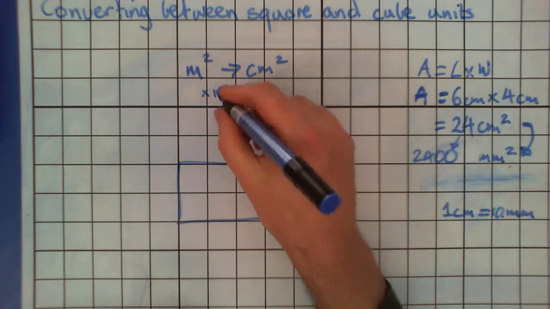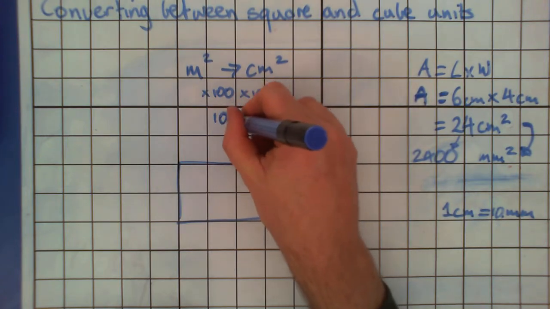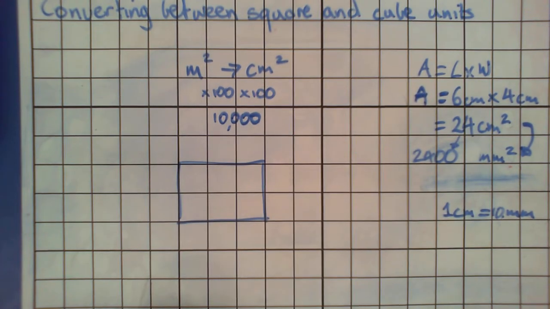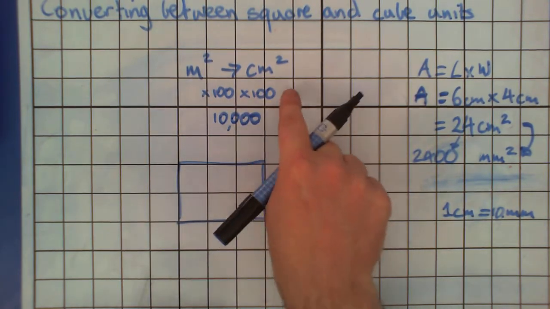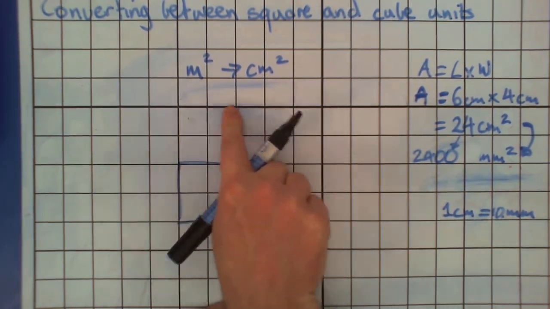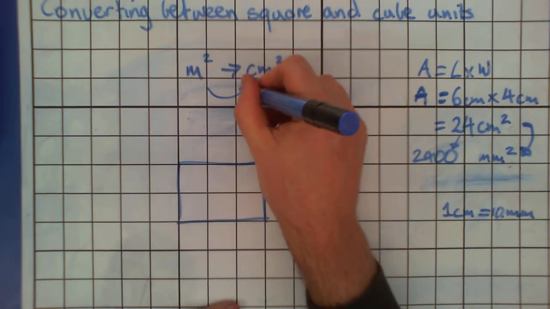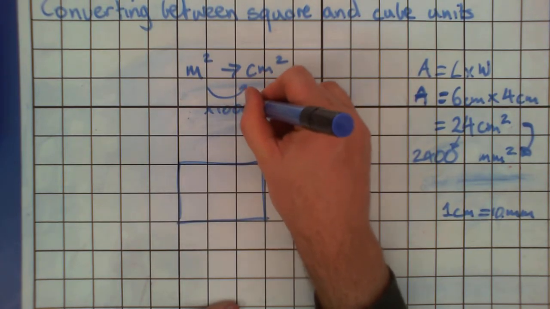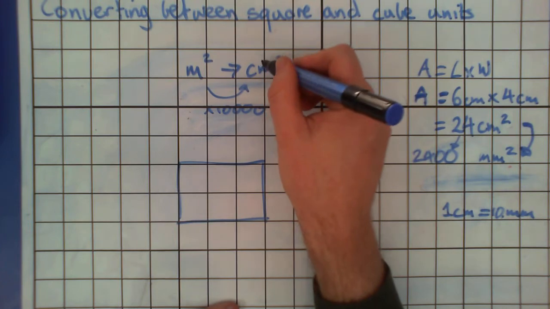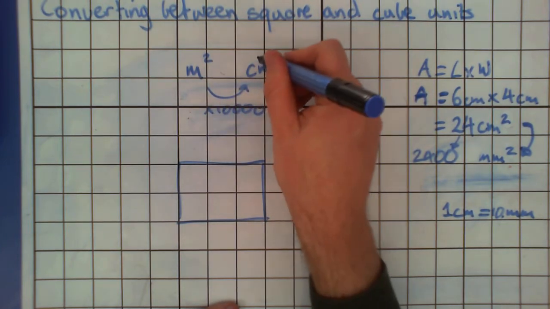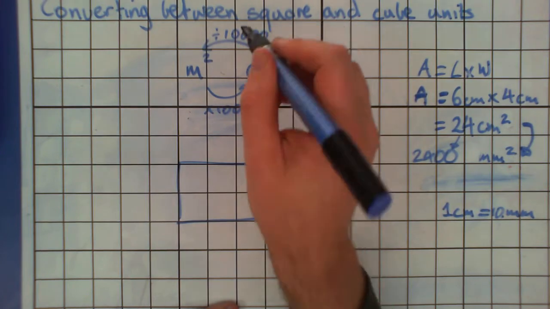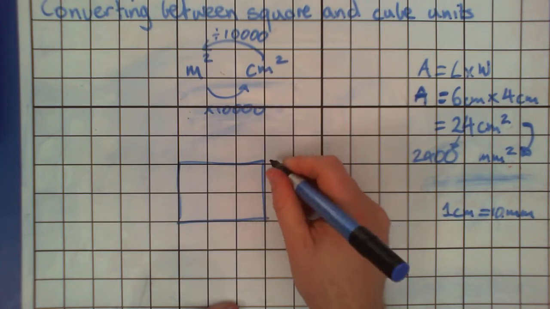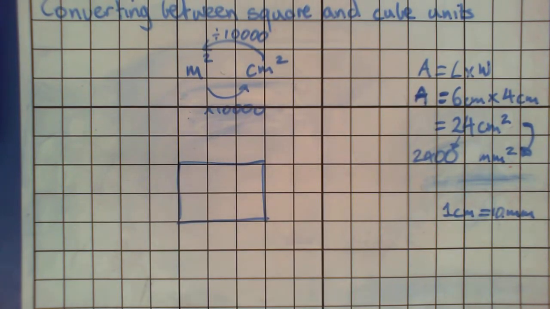Well, 100 times 100 is actually 10,000. So we can skip the step of doing 100 by 100 and multiply by 10,000. And go this way. If we were to convert from centimeters squared to meters squared, we'd have to divide by 10,000. And that's because we have to divide each of our dimensions by 100.